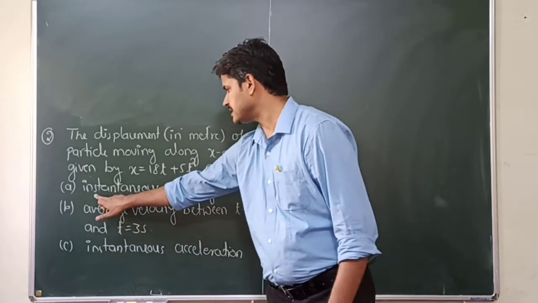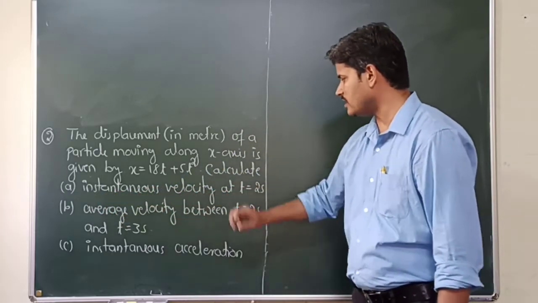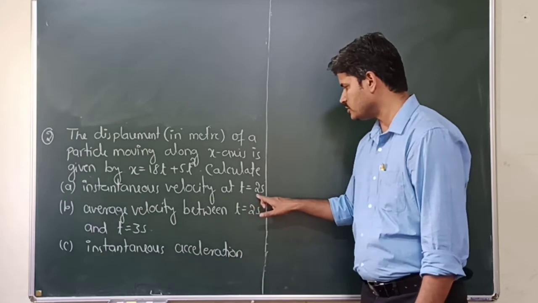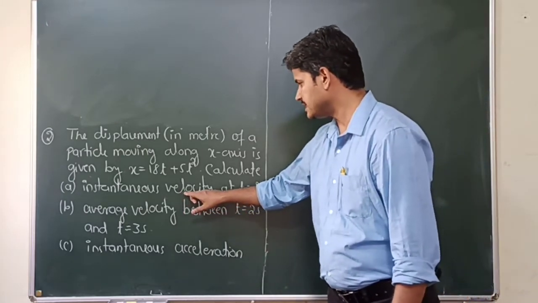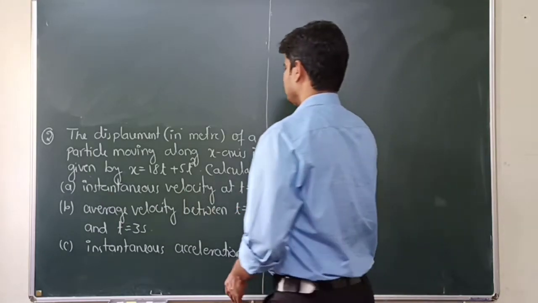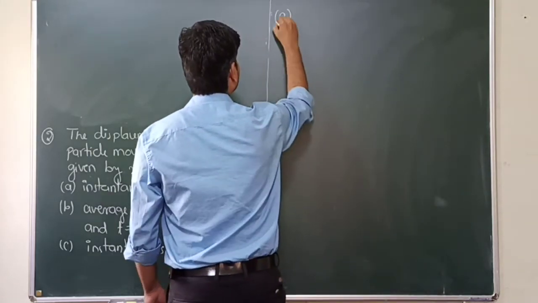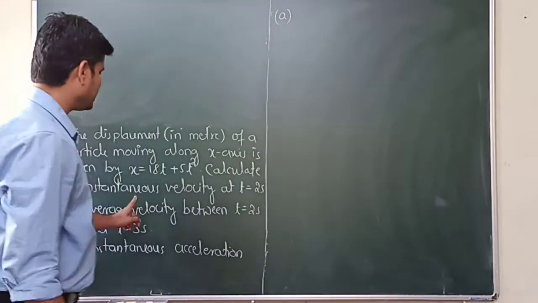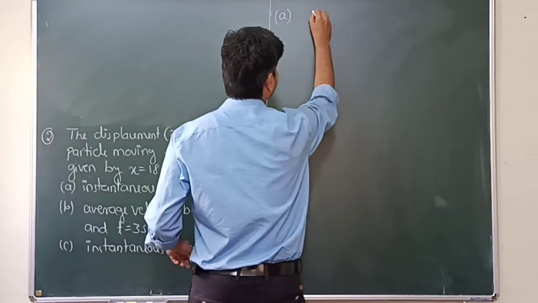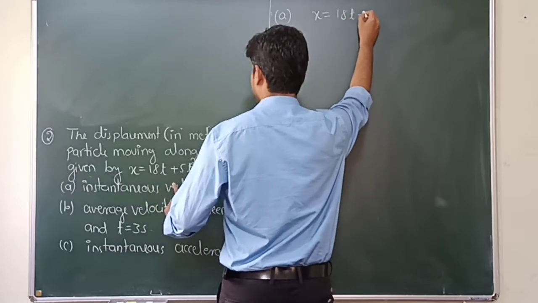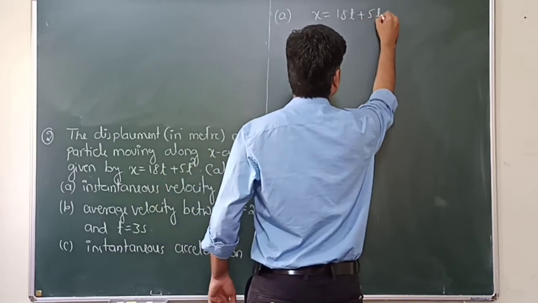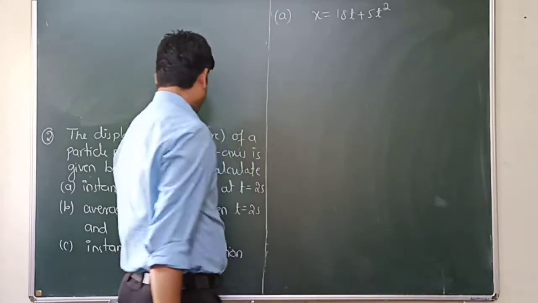Calculate first the instantaneous velocity at t equal to 2 seconds. First we will discuss about this. What he asked to do: given is displacement x equal to 18t plus 5t square.